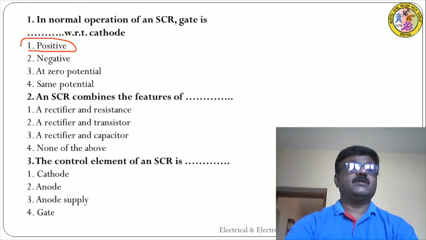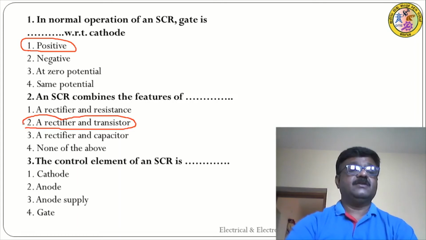And second question: an SCR combines the features of dash. The options are a rectifier and resistance, a rectifier and transistor, a rectifier and capacitor, none of the above. The correct answer is a rectifier and transistor, as it conducts in one direction.